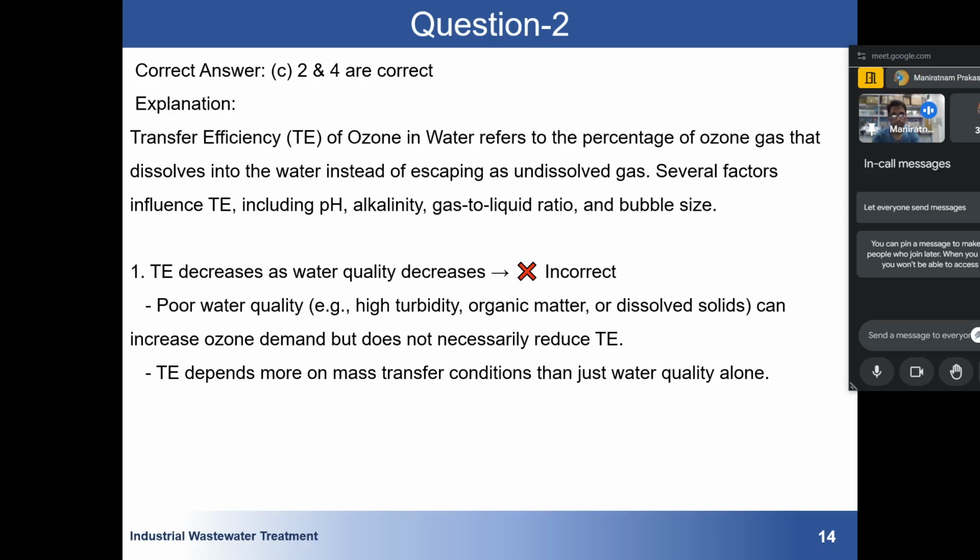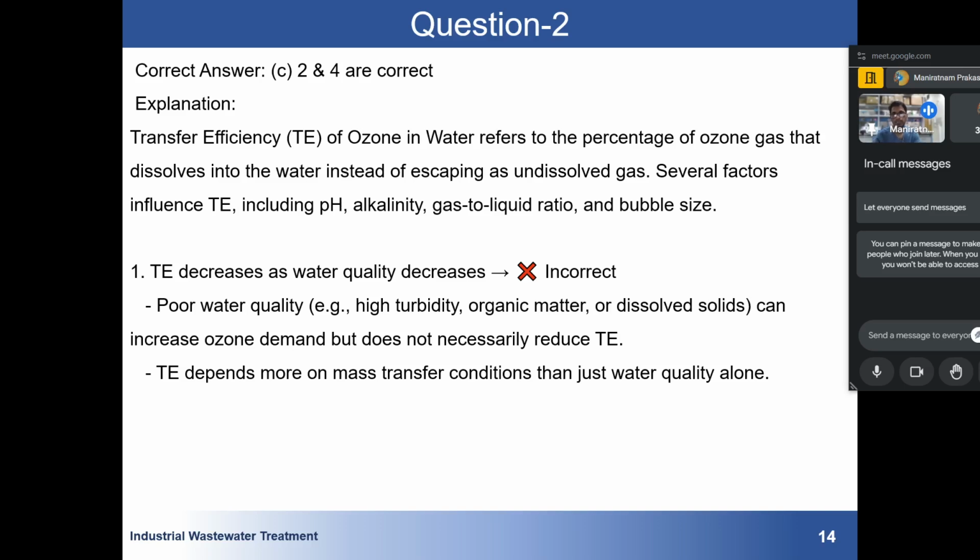If we are passing ozone into water, how efficiently is it mixing? Suppose we pass 100% and only 50% is entrapped in water, then we call the transfer efficiency 50%.